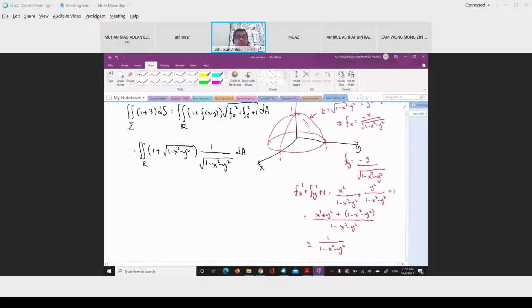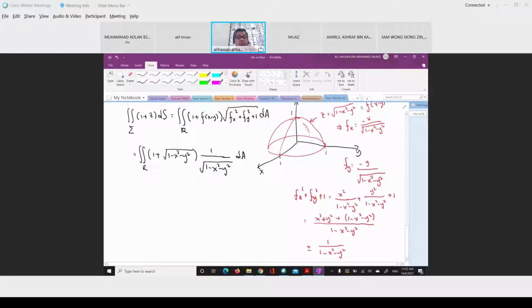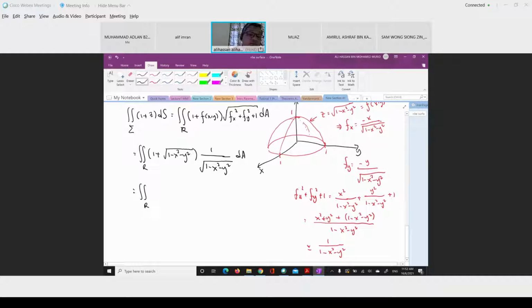Alright, and then we take the square root and then substitute into the double integral here. So this can also be written, if I multiply that 1 over square root into the bracket, we will get 1 over the square root of 1 minus x squared minus y squared plus 1 dA.